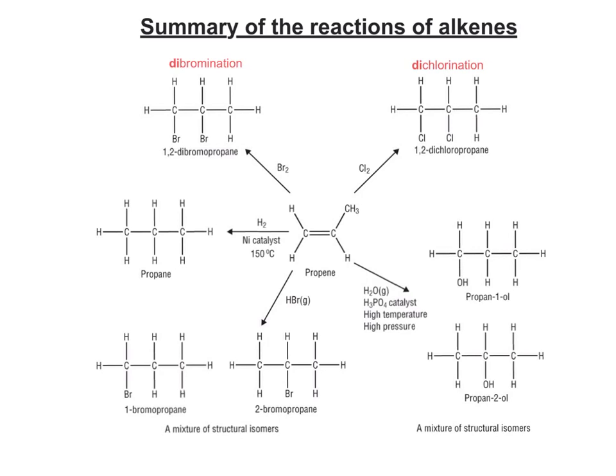So the carbon-carbon double bond would obviously have been here and here. You can see that clearly. So you've got dibromination, dichlorination, hydration, which is addition of water, or hydrogenation, which is addition of hydrogen, and monobromination or monohalogenation.